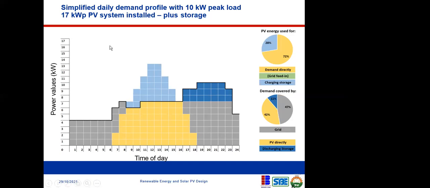So now we are looking at the simplified daily demand profile of 10 kilowatt peak, and then with a 17 kilowatt peak PV system installed, plus storage. Okay, this can be very good for an off-grid system. It can also be very good for a grid-tied system. So how does it work?